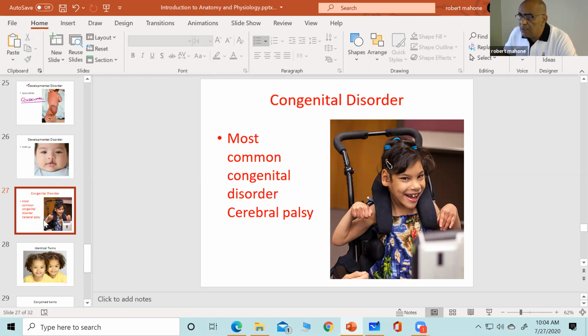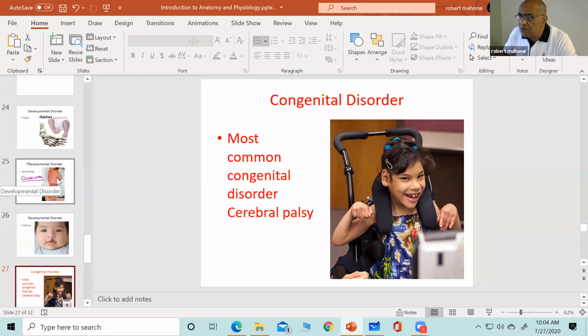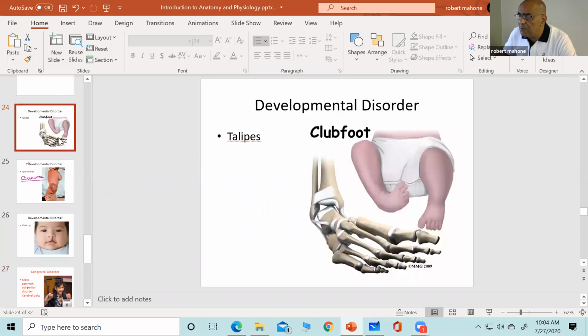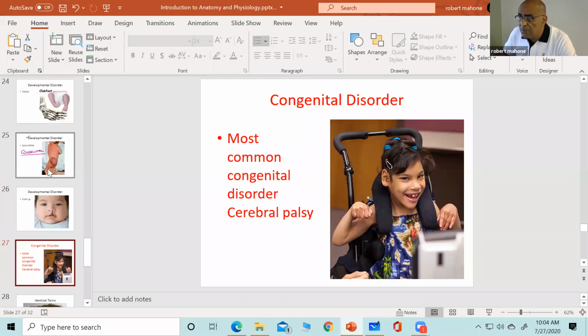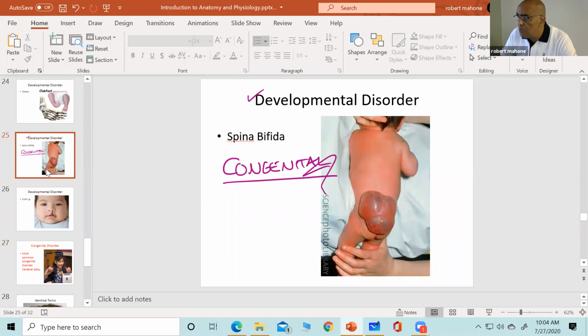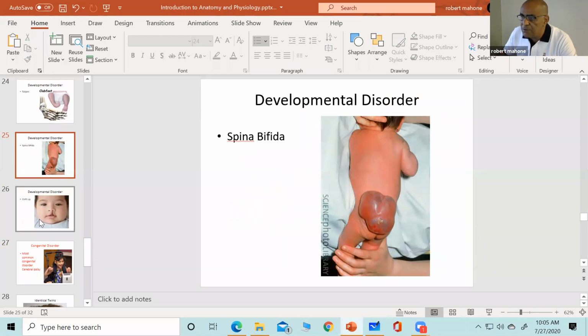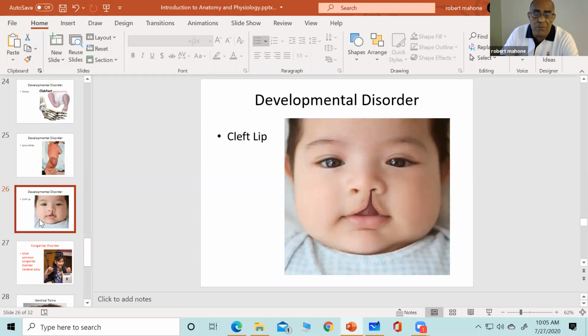All right. So we've talked then about the difference between a developmental disorder and a congenital disorder. Developmental are things that happen to you while the baby's being made inside the womb. You are drinking alcohol while you're pregnant, and the baby's born with low birth weight. That's developmental.